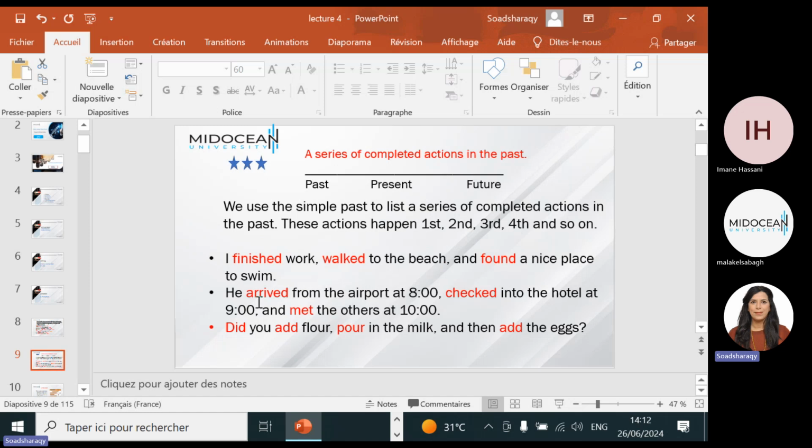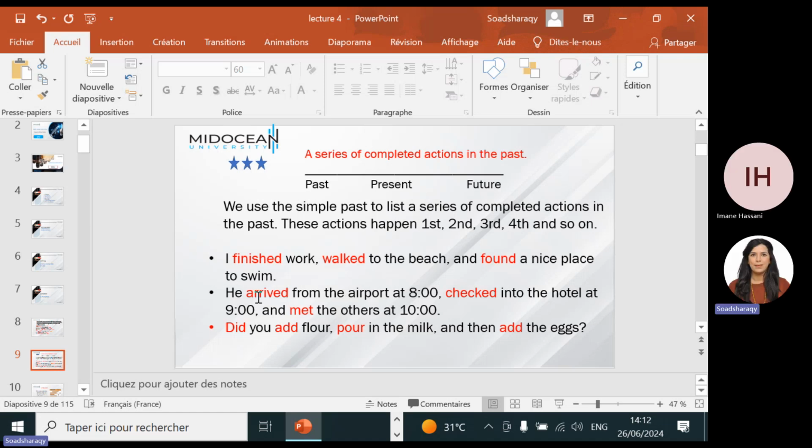Example number 2, he arrived from the airport at 8, checked into the hotel at 9, and met the others at 10. Next example, did you add flour, pour the milk, and then add the eggs? As you see here in these sentences, you have a series of completed actions in the past.